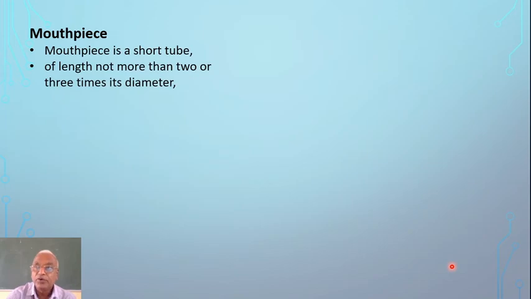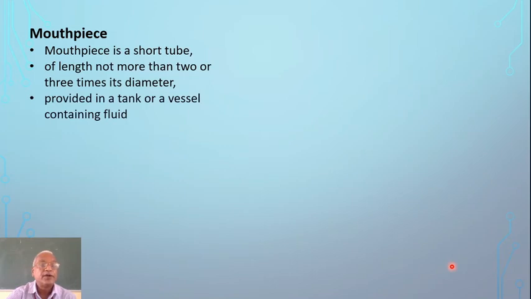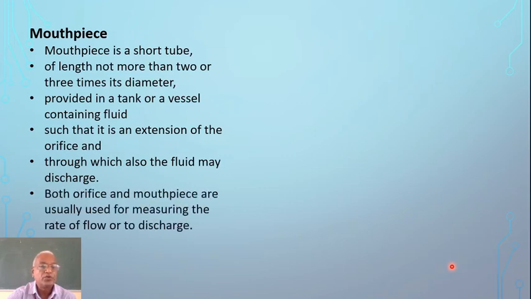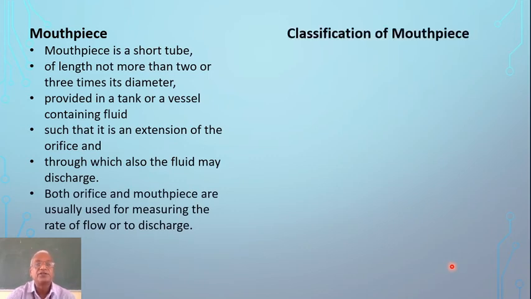If you attach a more length, it will be a pipe, but the length has to be restricted to only 2 times diameter or 3 times the diameter, provided on a tank or a vessel containing fluid, such that it is an extension of orifice and through which also the fluid may discharge. Both orifice and mouthpiece are usually used for measuring the rate of flow or discharge.